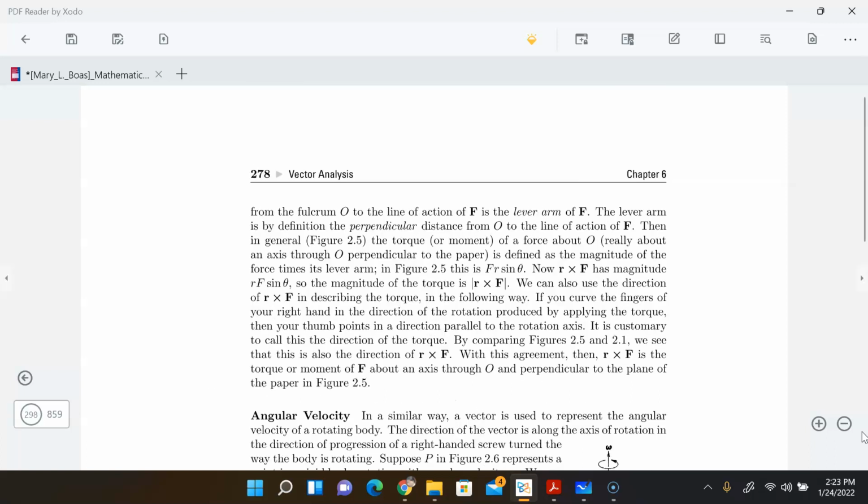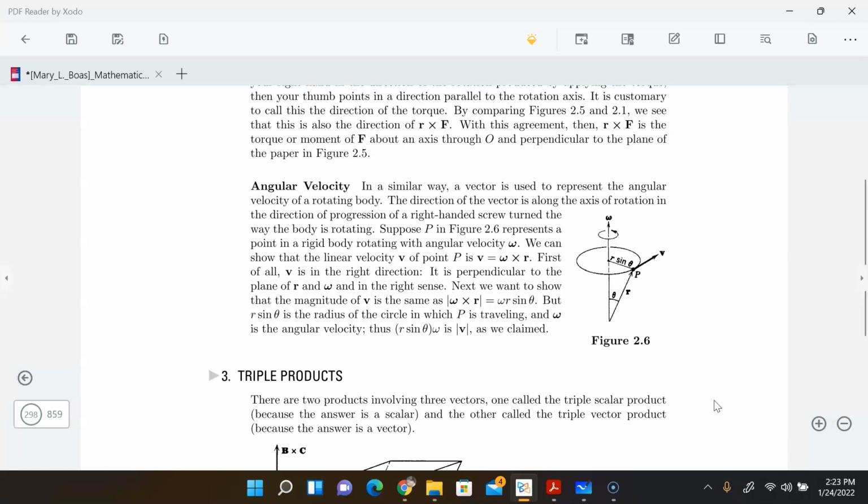So here is another one, angular velocity. Over here you can see that you have this formula that you have seen before, and that tells us about the rotations in a particular plane here.